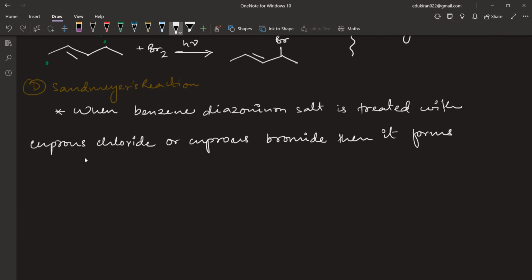It will form either chlorobenzene or bromobenzene.